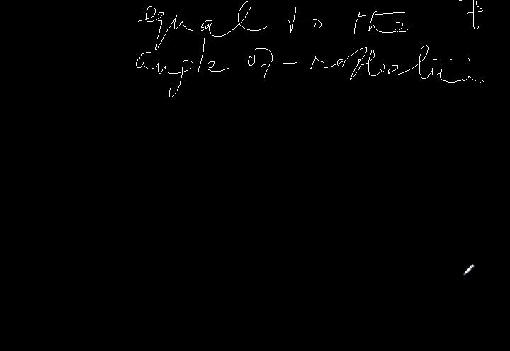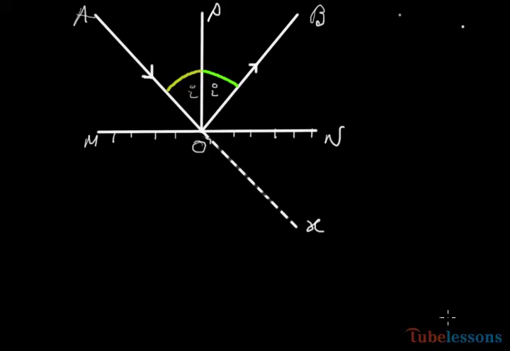Now, as the study of light started from reflection, and the formation of image is related to both reflection and refraction, therefore we have to know the phenomenon of reflection of light very carefully. Now we are discussing the angle of deviation after reflection of light.